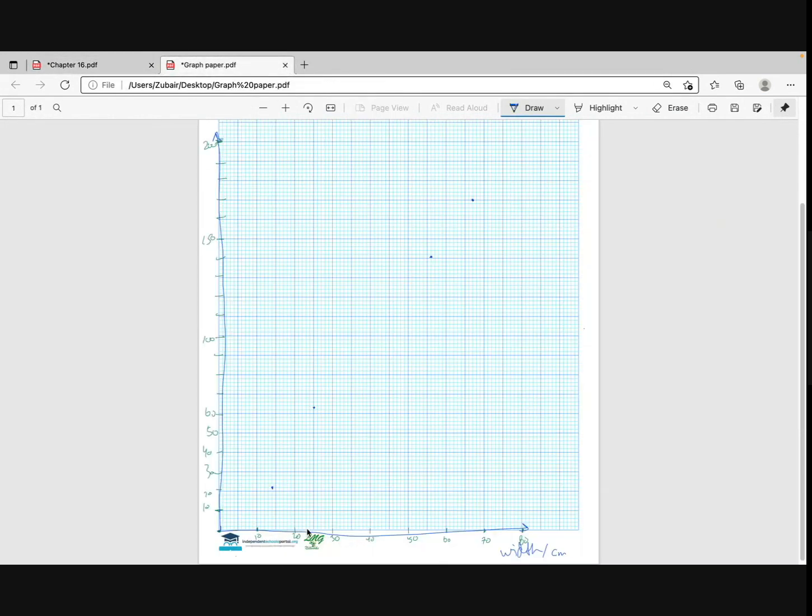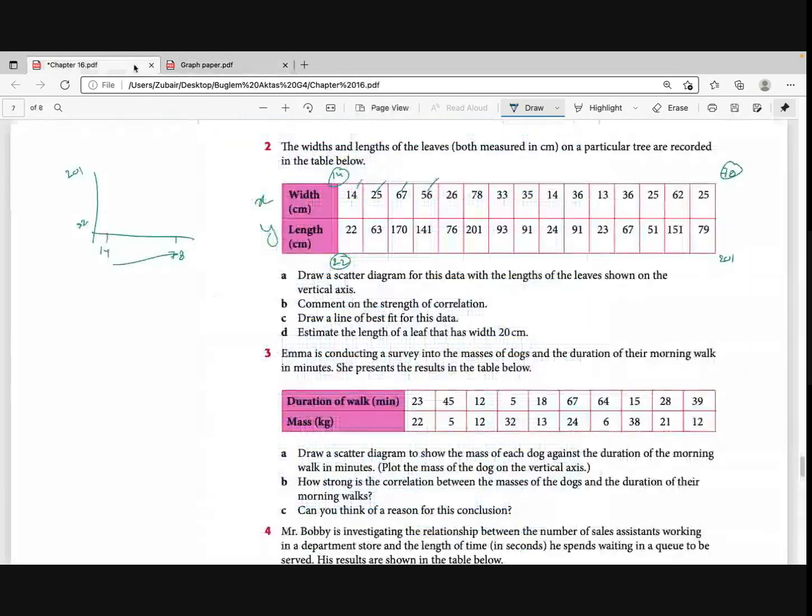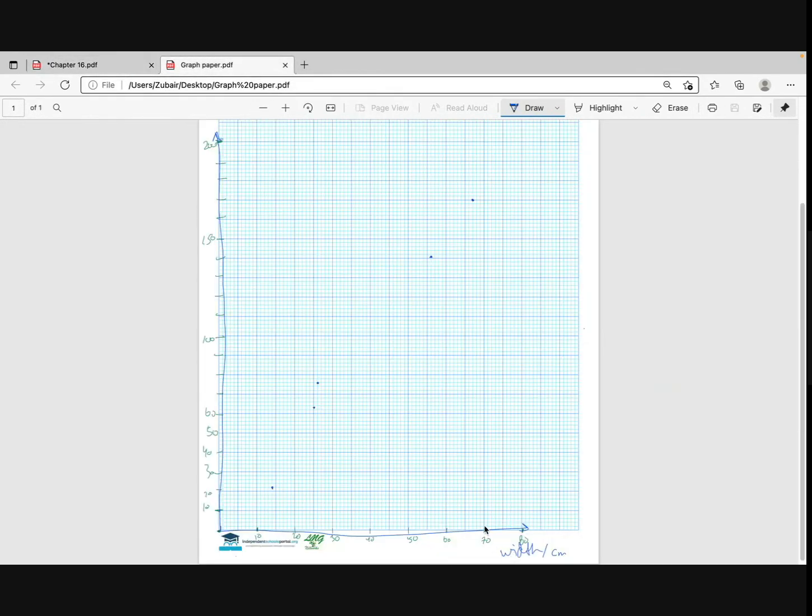Then 26, 76. Then 78, 201. This is 70, 75, 75, 200, 76, 77, 78, and 201.